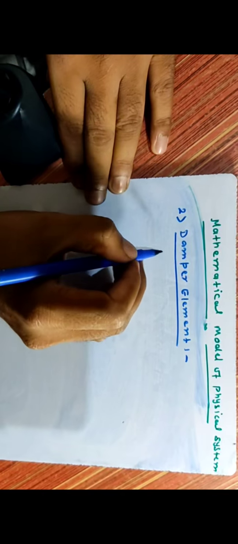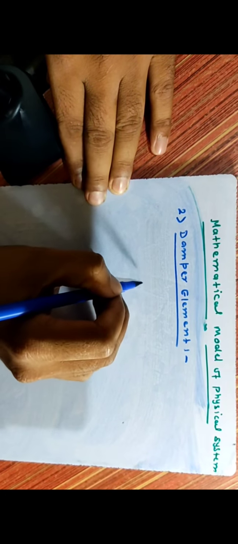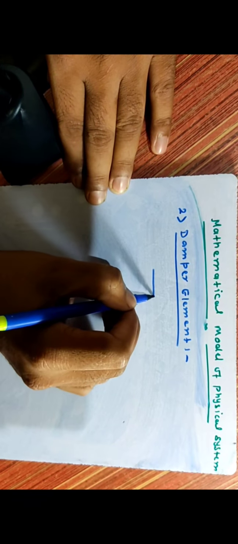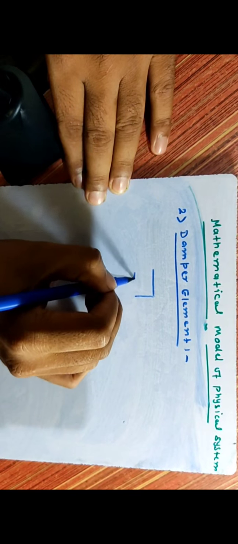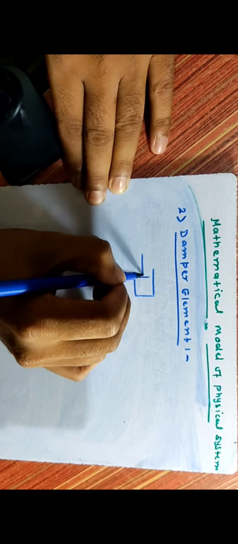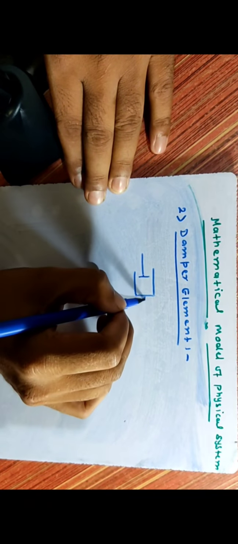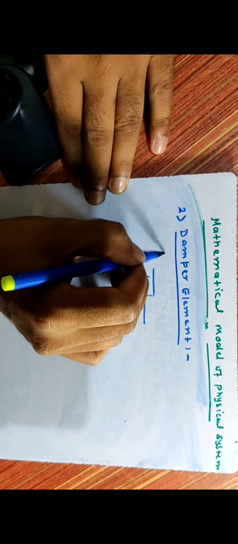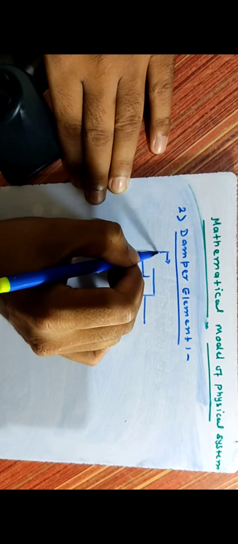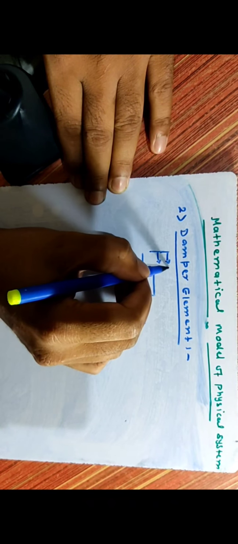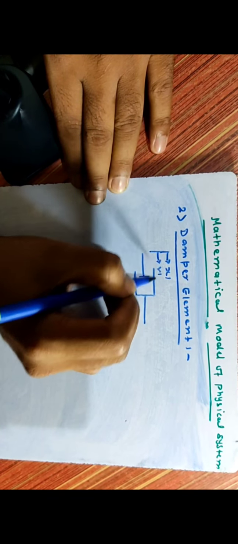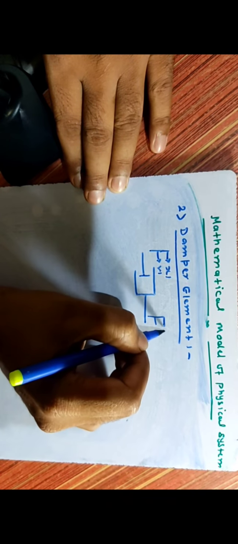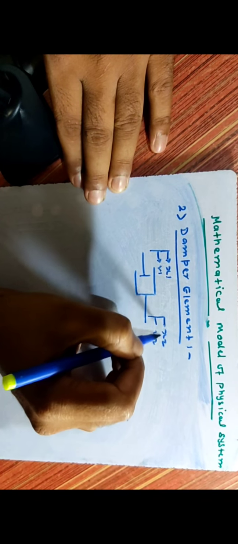Second is the damper element. The damper element looks like this. Force acting, x1, v1, x2, v2.